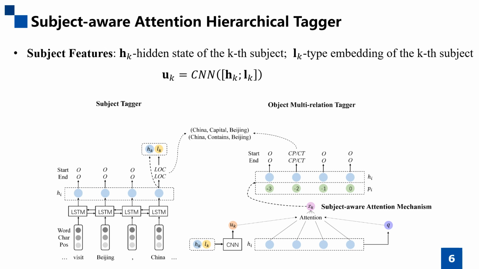In a triple, the extraction of object and relation is based on the subject and context information. According to the shared encoder and subject tagger, we can get subject features, including its semantics and type. So we use a convolution layer to extract the subject features.